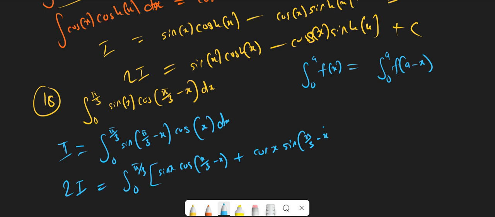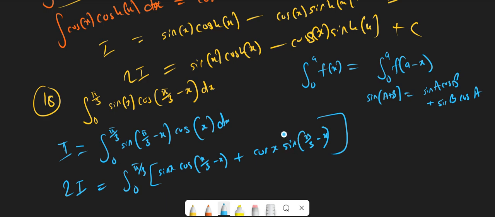Now if you remember our addition formula for sine of a plus b, it is sine a cosine b plus sine b cosine a.